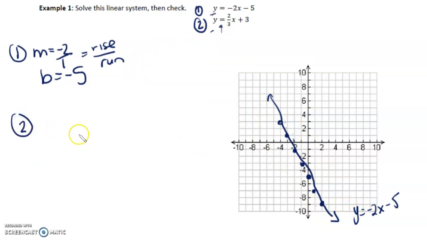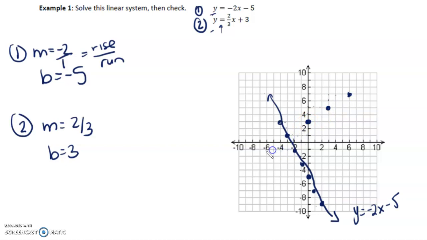Now equation 2. The slope is 2 over 3 and the y-intercept is 3. So let's plot the y-intercept first, which is 3. We're going to go up 2 over 3, and then down to the left 3.